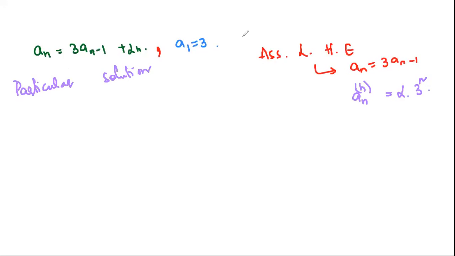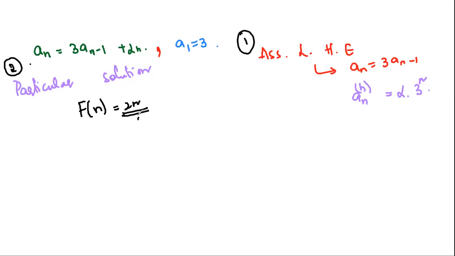First understand this. This is the first step: I need to find the solution of the homogeneous equation part. That will be simply multiplying with 3 power n, and we have to take a constant alpha. Now this is your second part: you have to find a particular solution. What is our f(n) given as? f(n) is equal to 2n. What is this 2n?